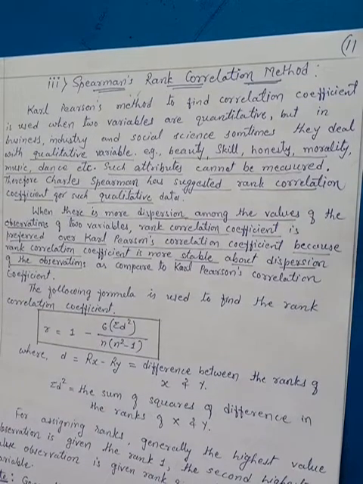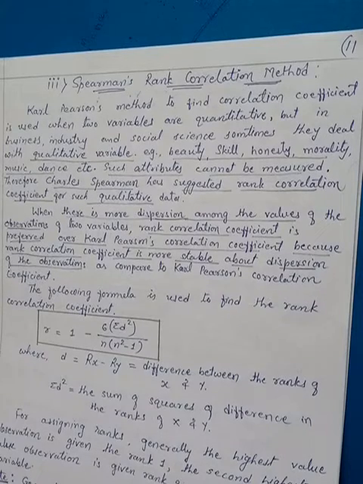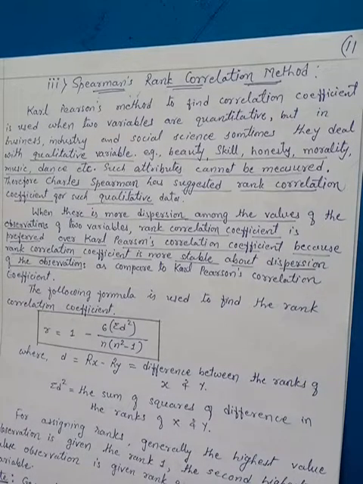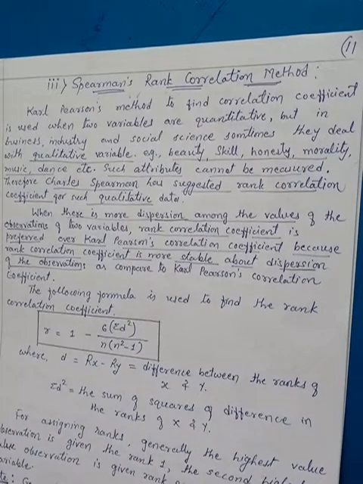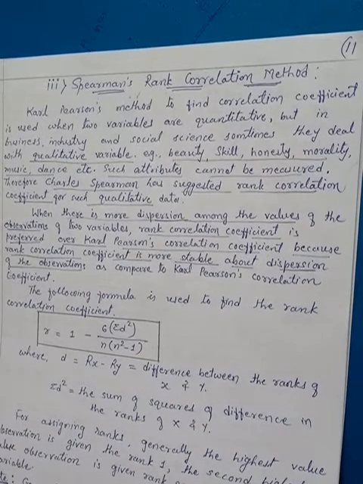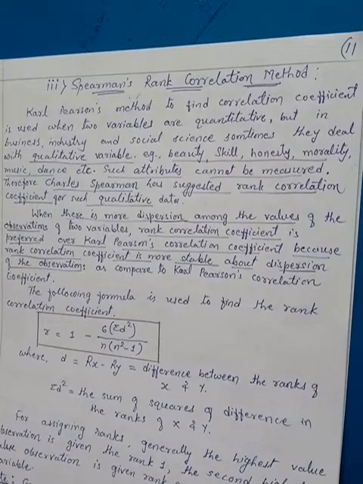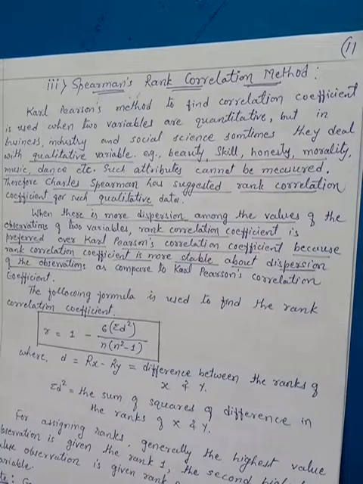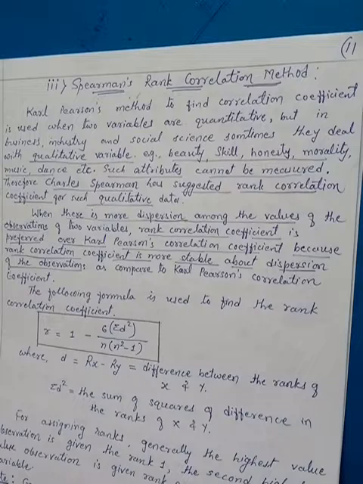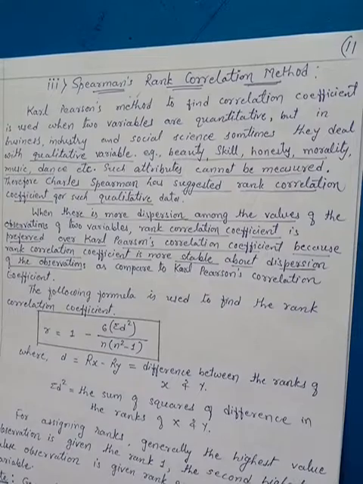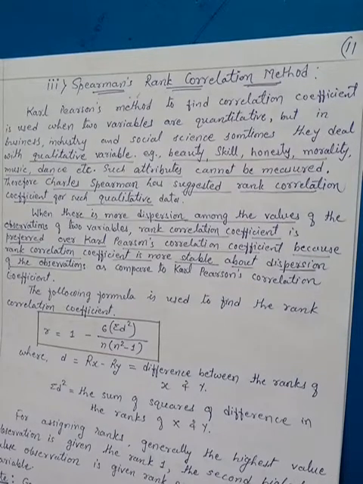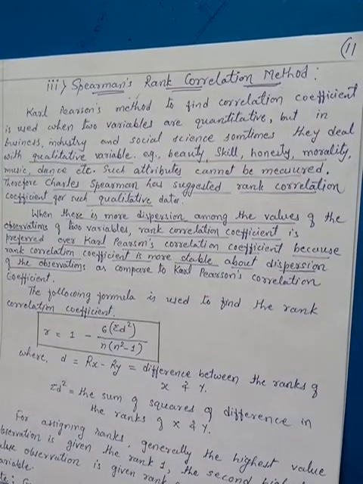But there are instances where qualitative variables are given, like beauty, skill, honesty, morality, music, dance, etc. In such cases we cannot use Karl Pearson's method, because these variables are also called attributes. Qualitative variables are known as attributes. These attributes cannot be measured directly in the form of values.